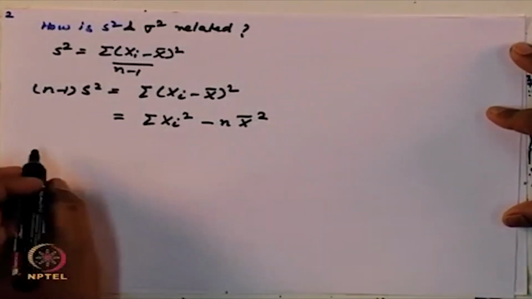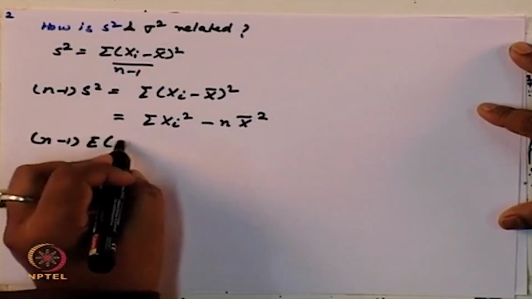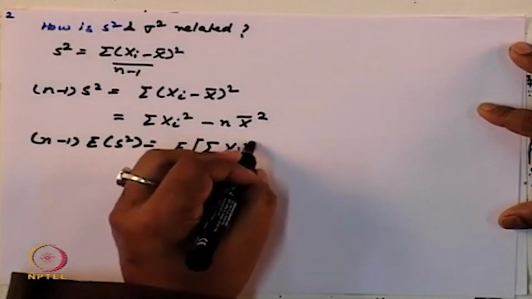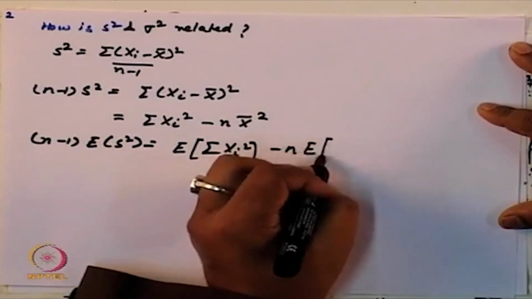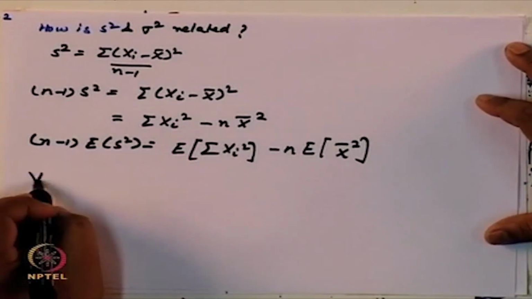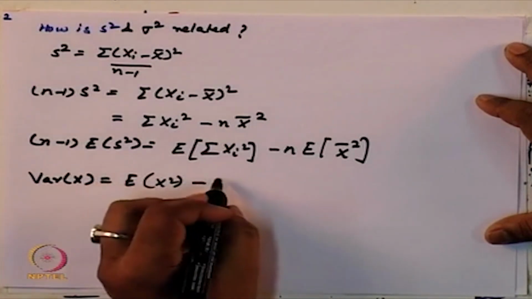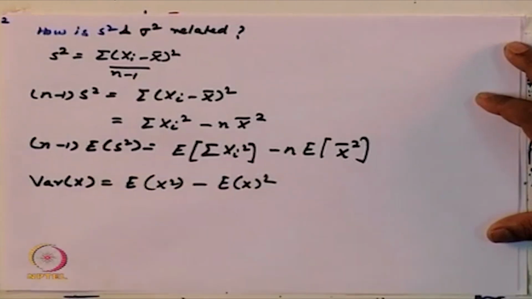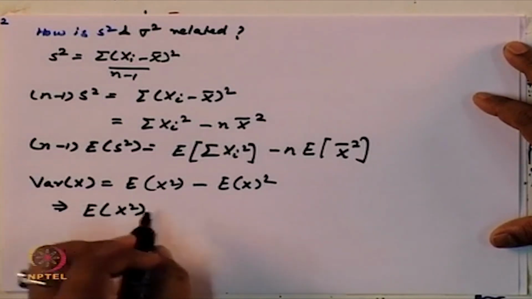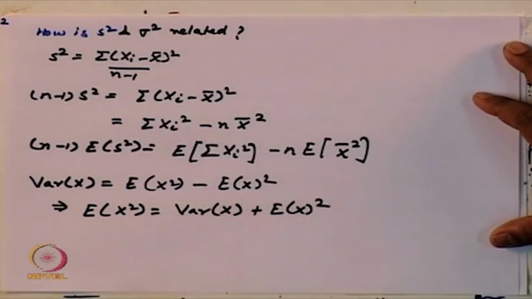So, I can take the expectation on both sides of this equation. n minus 1 expectation of S square is expectation of summation x I square minus n times expectation of x bar square. Now we know that variance of x is defined as expectation of x square minus expectation of x whole square, so expectation of x square is equal to variance of x plus e of x whole square.